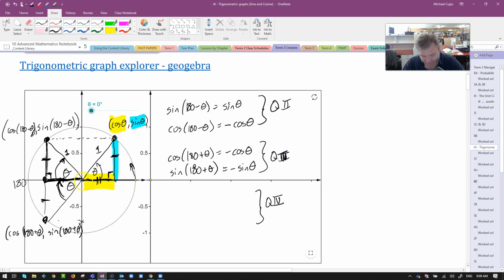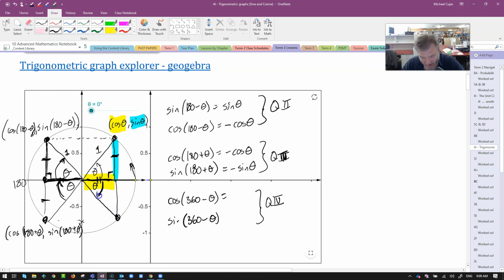Alright, so same size angle again, theta degrees away from the closest x-axis. So let's call this one the cosine of 360 degrees minus theta. That would be my x-coordinate, and the sine of 360 minus theta would be the y-coordinate of that point there.